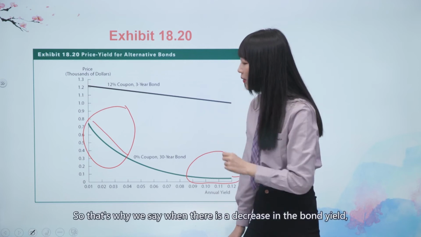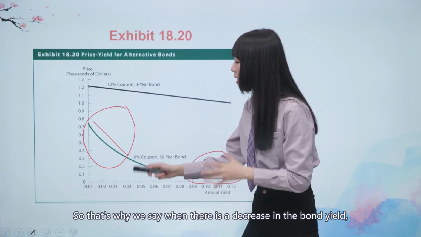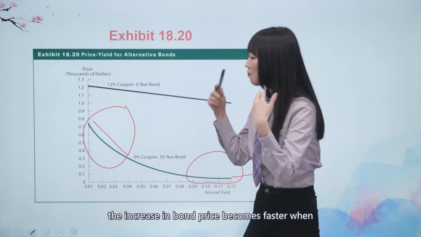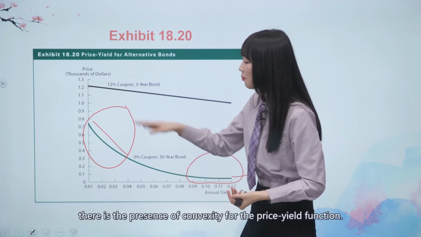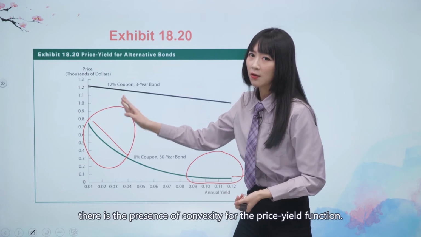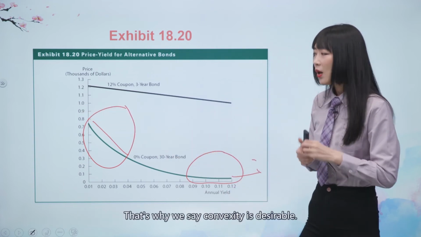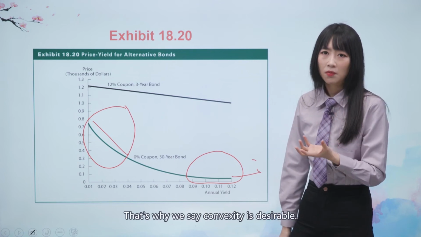So that's why we say when there is a decrease in the bond yield, the increase in bond price becomes faster when there is the presence of convexity for the price yield function. Now, that's why we say convexity is desirable.